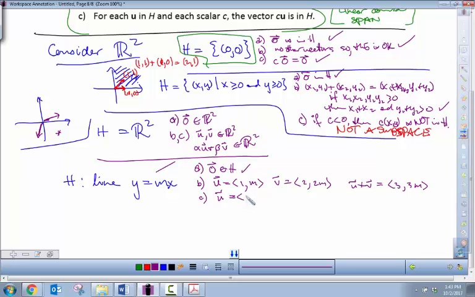If you have any point on that line and then you scalar multiply it in either direction, positive or negative, it's still going to be on that line. So all these three conditions are satisfied.